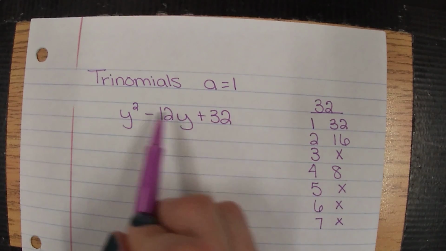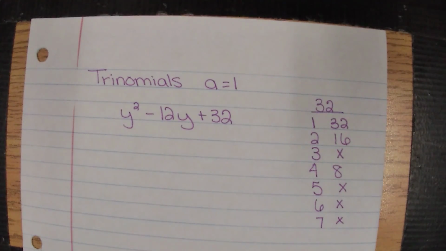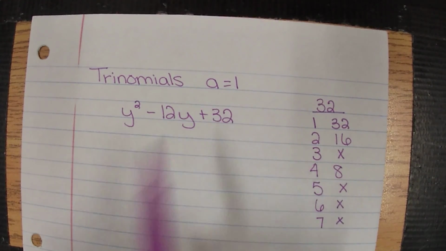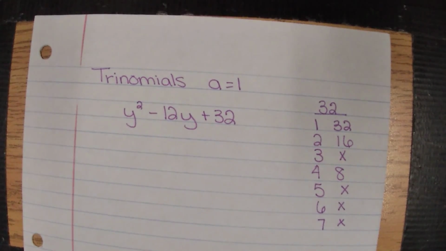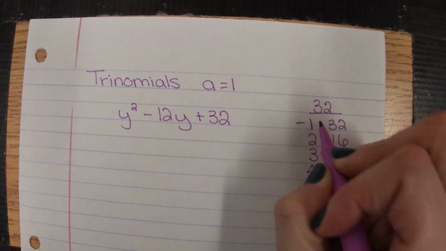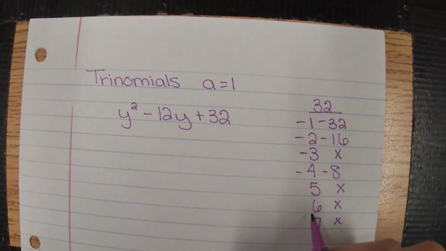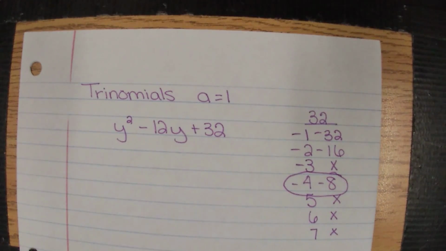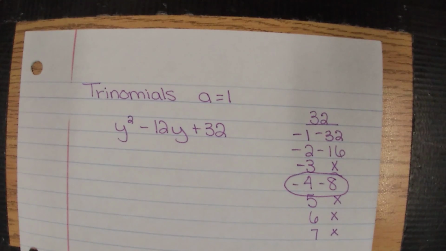Now, here we don't have all positives. So remember, we should have a table that's like ax squared plus bx plus c, and it tells us 2 positives. What types of signs do we need to use when we have a subtraction and then an addition? We should have both negatives, right? So we want both negatives. And then we can find that a -4 and a -8 add up to our -12.